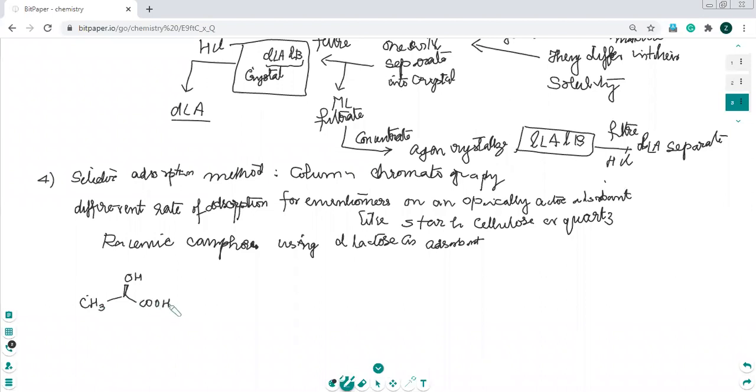Now this is one lactic acid. OH. Here the H is black side.